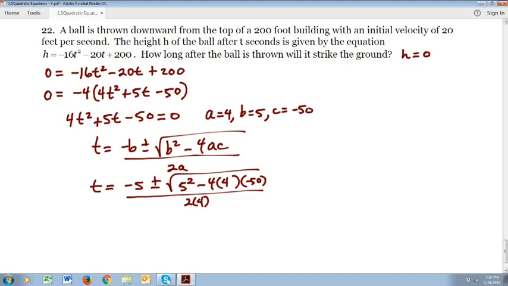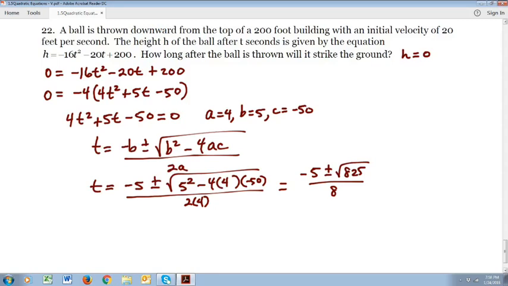Of course, if you haven't already stopped the video to do the problem, this might be a good time to at least simplify it and see if you get the same answer I do. You want to get a decimal answer here. I'm going to go ahead and finish this out. So we get -5 plus or minus the square root of 825, and that's over 8.